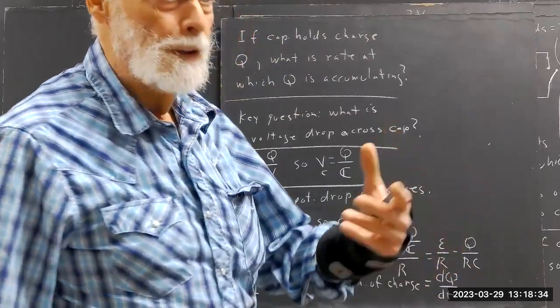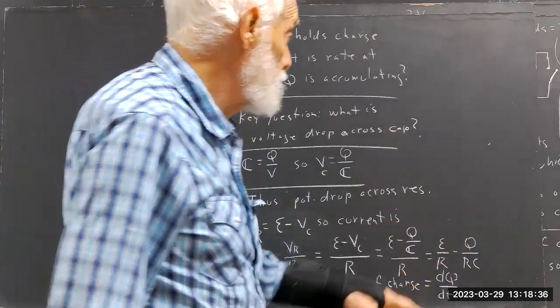The rate of accumulation is always changing. The rate of accumulation is dq dt.